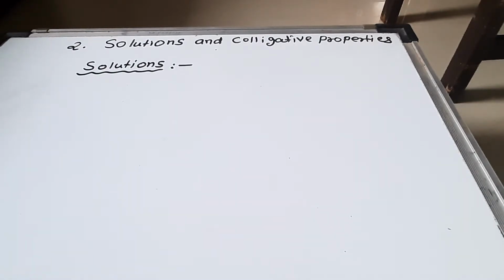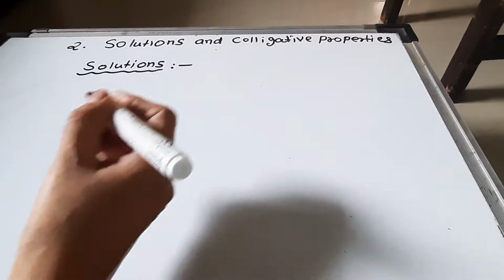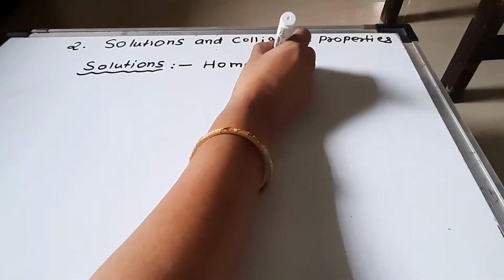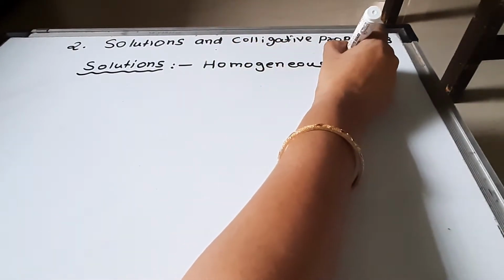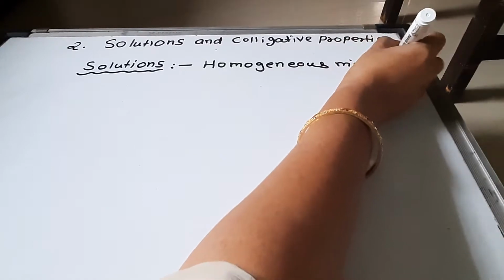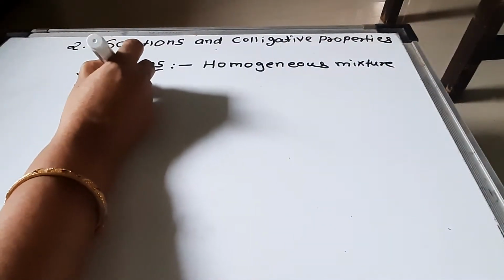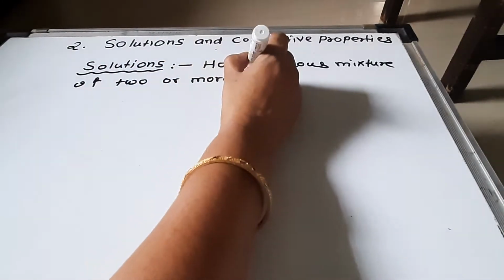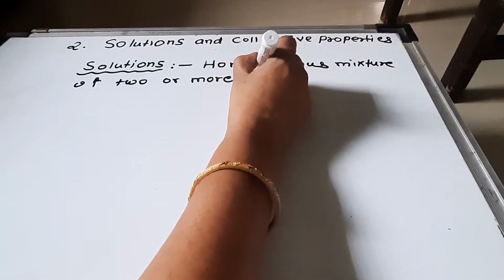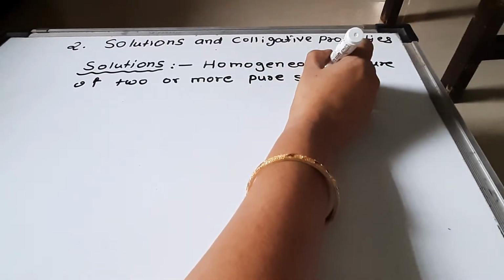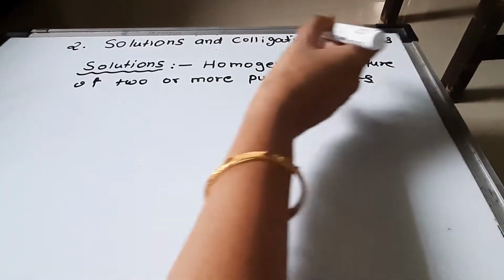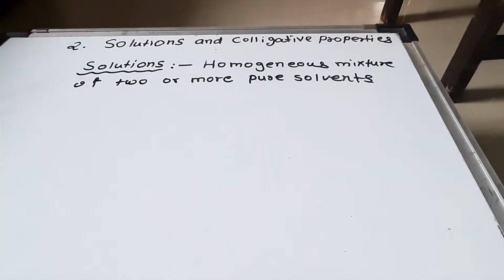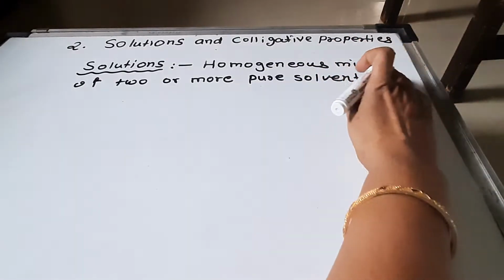Solutions are homogeneous mixtures of two or more pure substances. What is a solution? It is a homogeneous mixture of two or more pure substances.